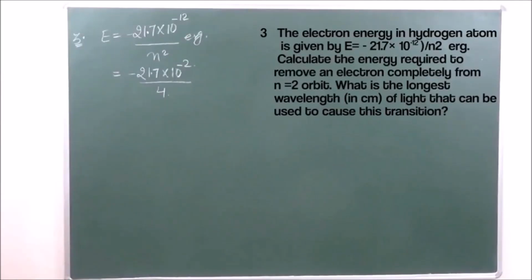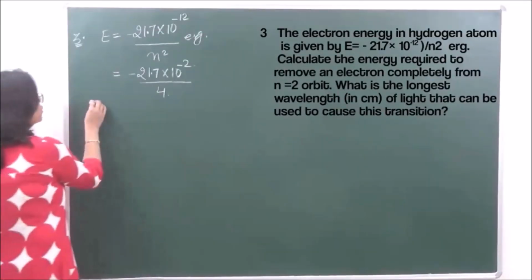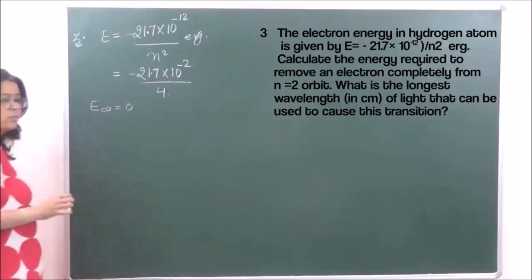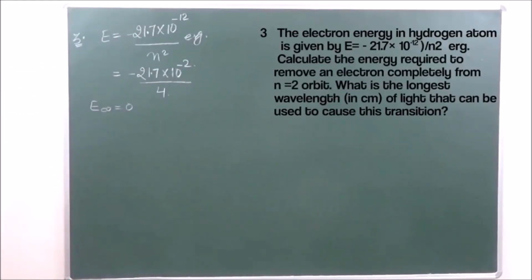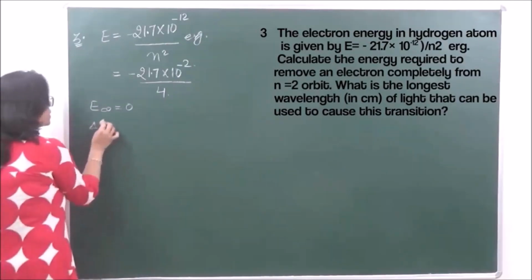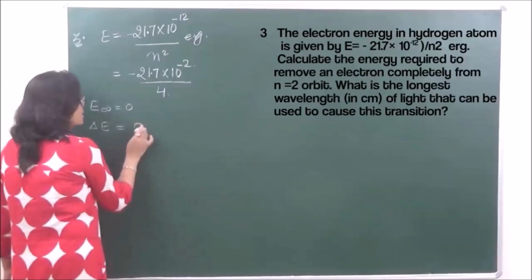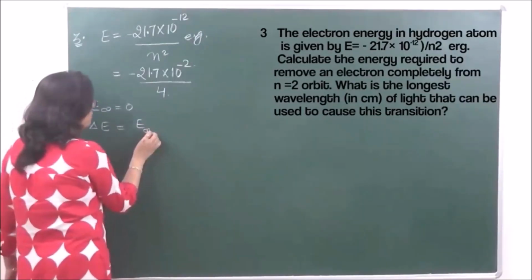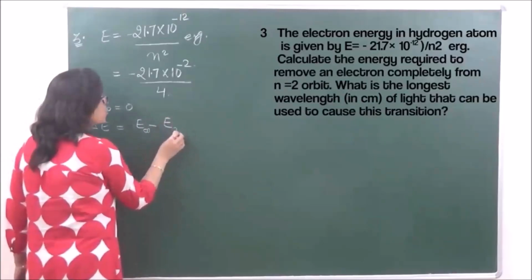Right? Now energy at infinity, because we have to extract the electron, energy at infinity, that is going to be equal to 0. Then that we had already done. Okay? So delta E will be equal to what? E infinity minus E2.